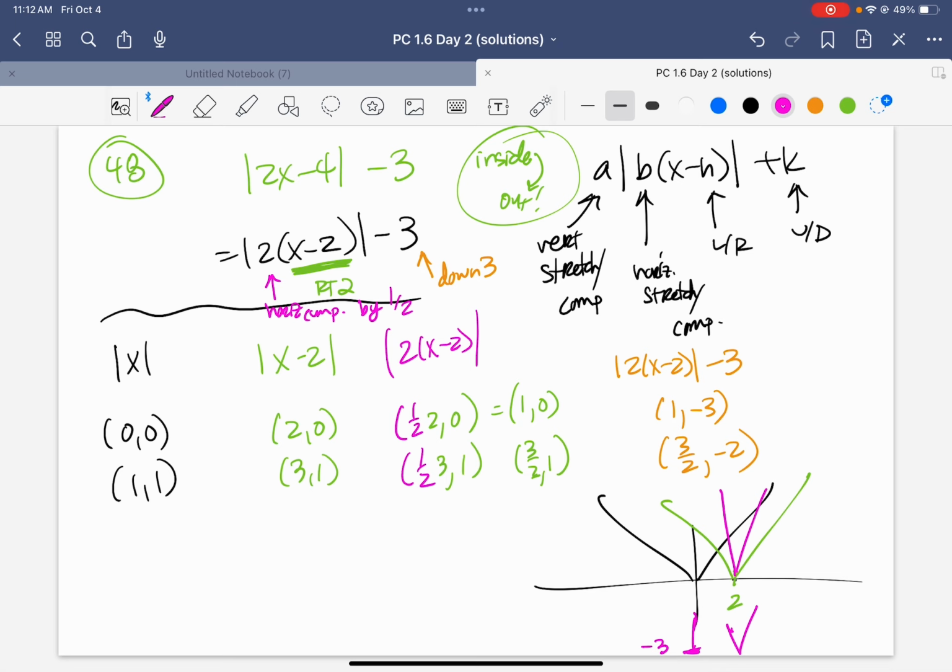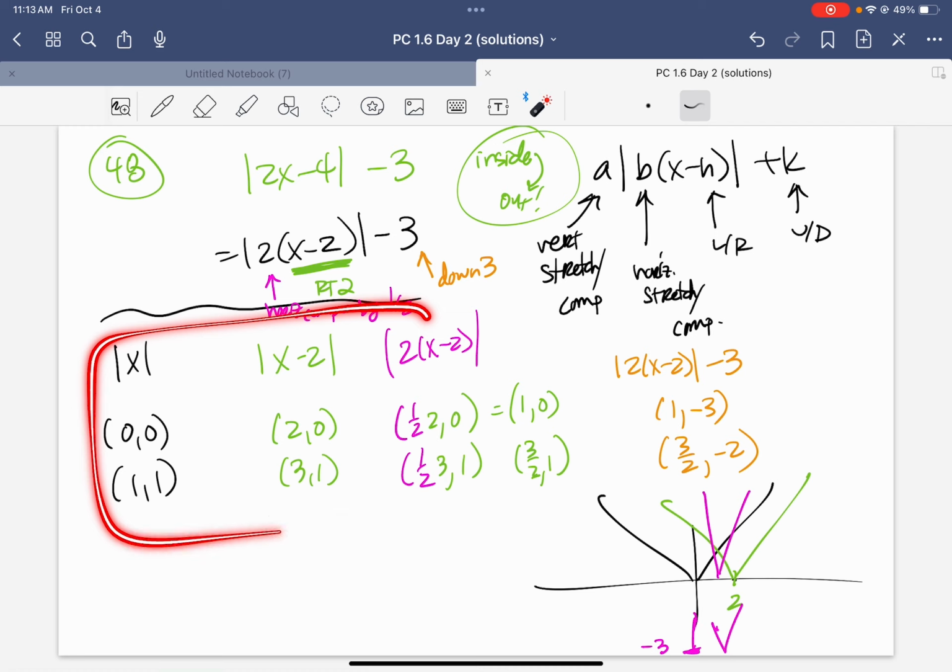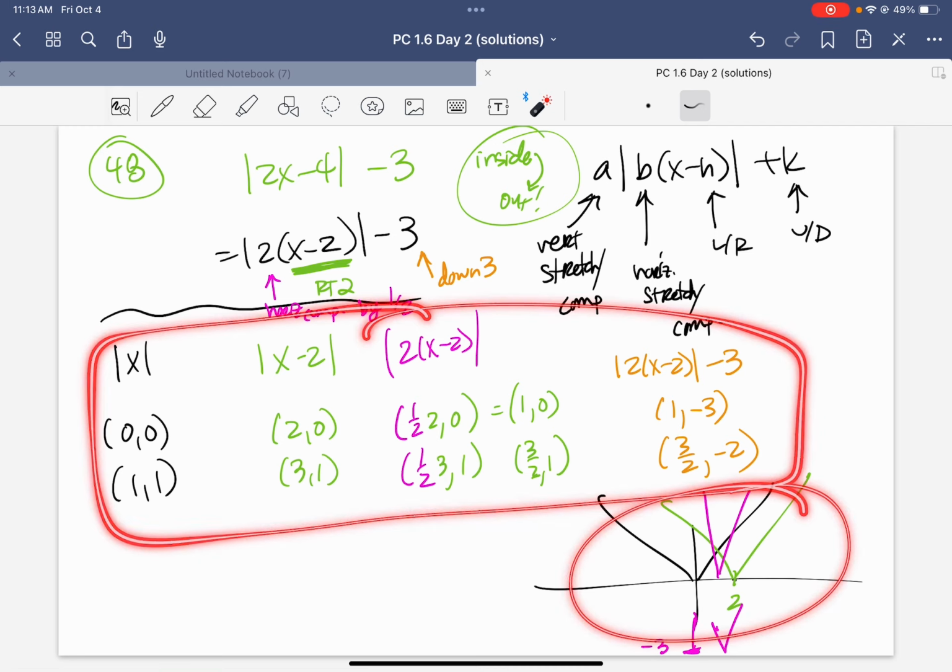Pretty cool. But remember, that horizontal compression took everything and moved it over here to 1. I would need to see this in a little quick sketch.